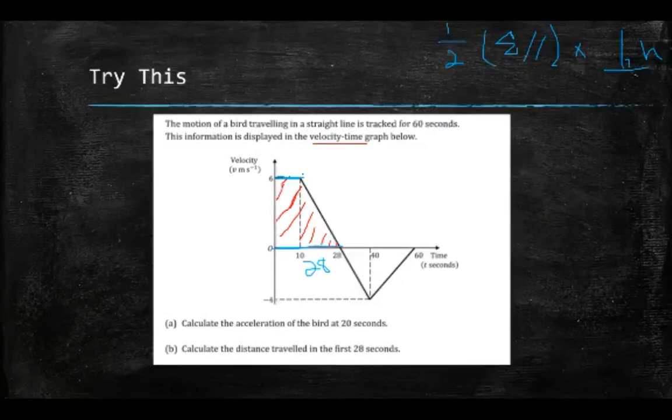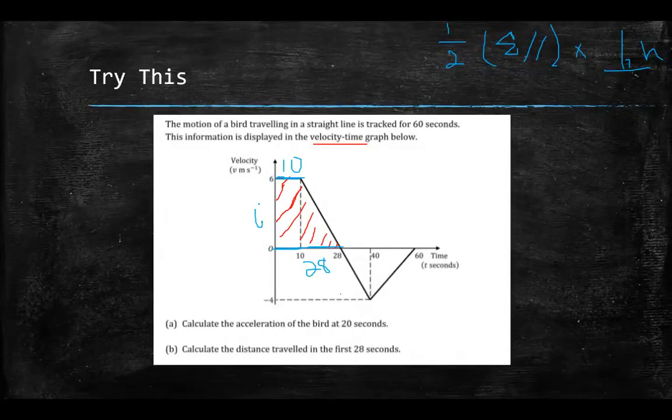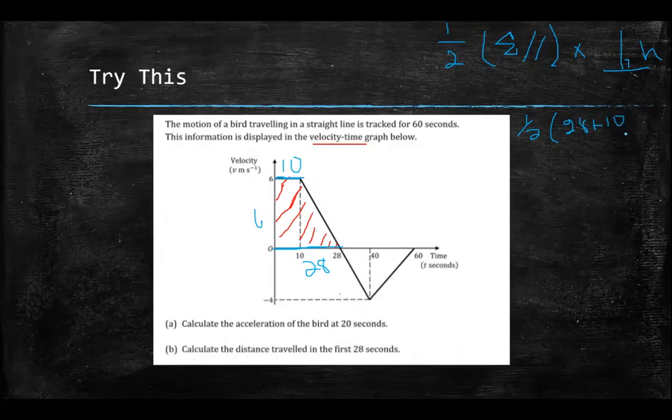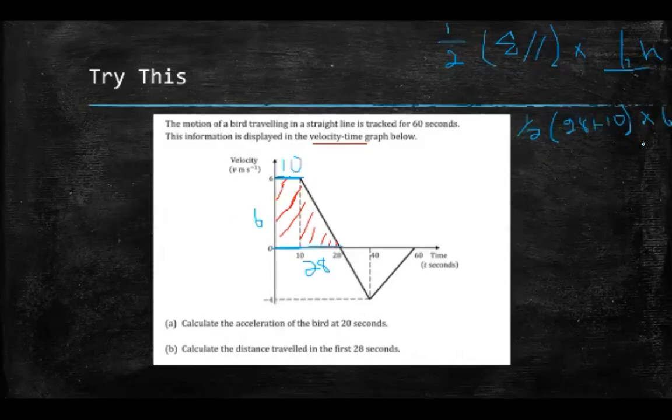From 0 to 10, this is 10. Perpendicular height, I'm looking at this, that's 6. So this would be a half, the sum of my parallel sides, 28 and 10, multiplied by my perpendicular height, 6.